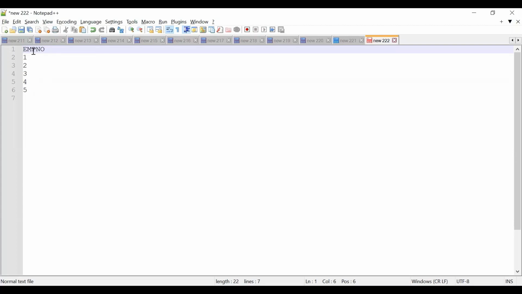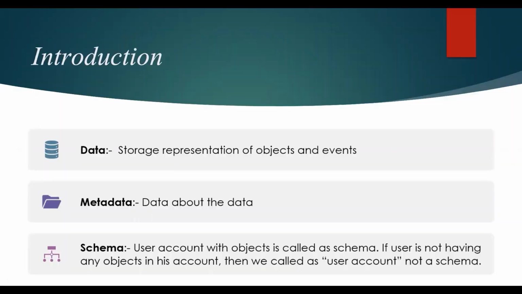This employee number heading is describing the properties of this sequence of numbers. So this employee number is called metadata. 1, 2, 3, 4, 5 are the actual data and employee number is metadata. Metadata is nothing but what describes the properties and characteristics of data. Okay, data about the data.